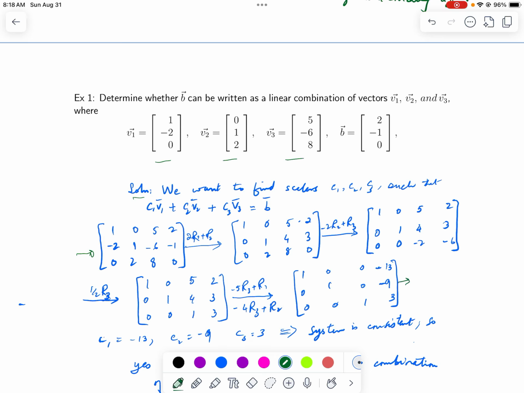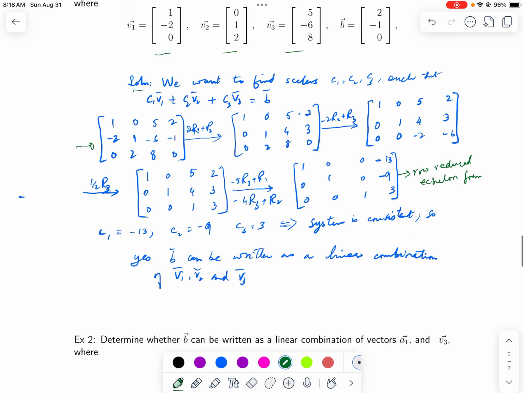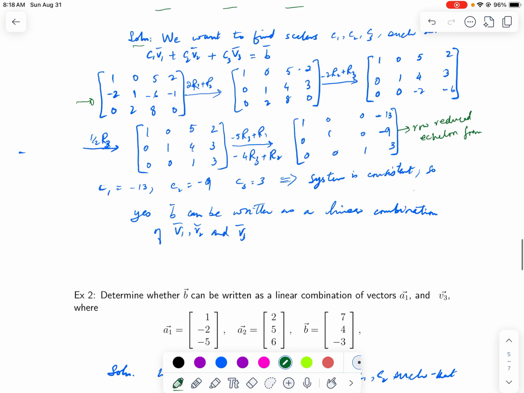So this is the row reduced echelon form, and from here I can see that this system is consistent, and we have the value c1 is equal to -13, c2 is equal to -9, and c3 is equal to 3.